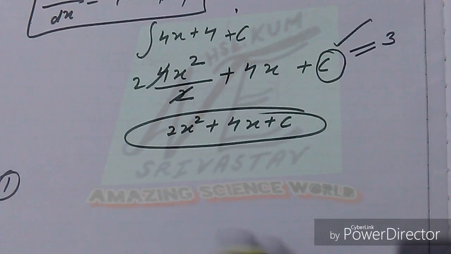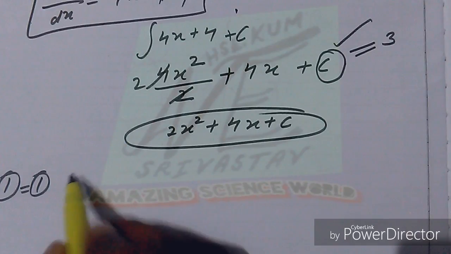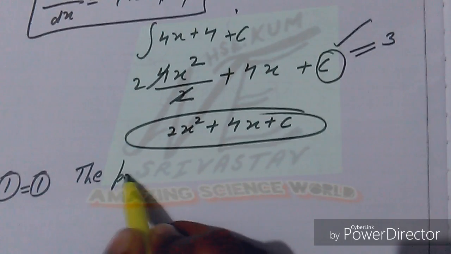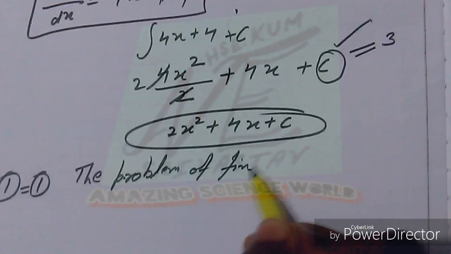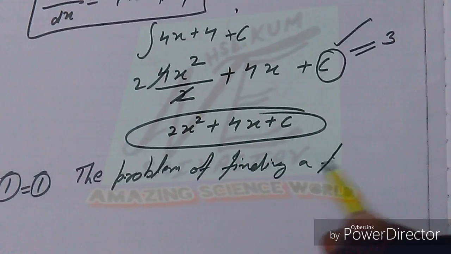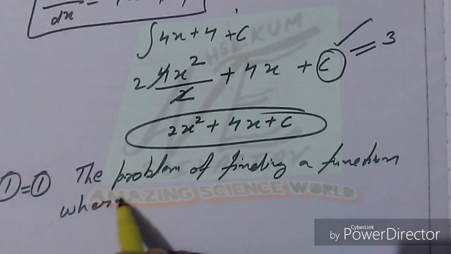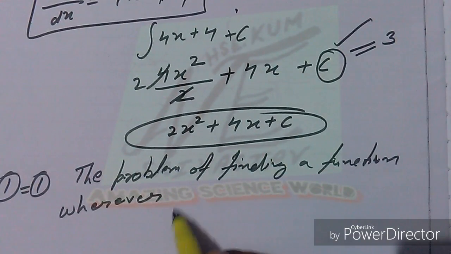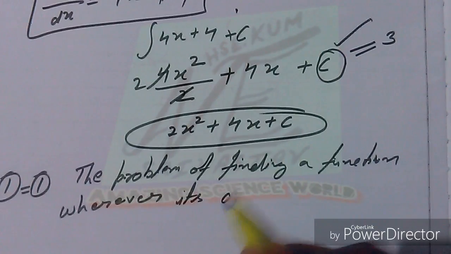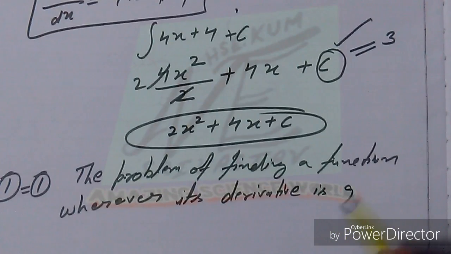Then for it we take an arbitrary constant. We integrate a function in two conditions. The first condition is the problem of finding a function whenever its derivative is given.